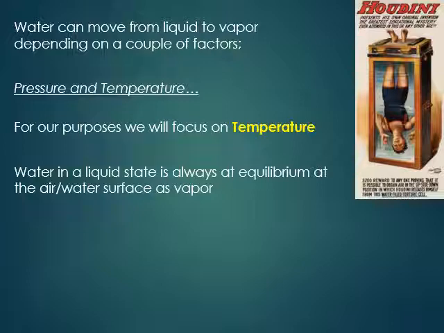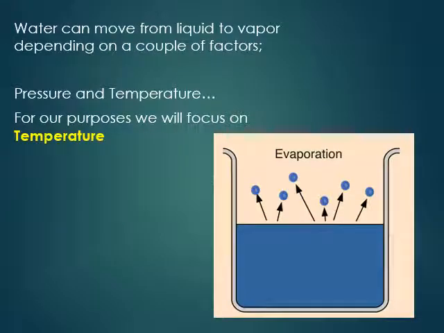Now, pressure is not really that important unless you're boiling water at the top of a mountain or at the bottom of the ocean. But for our purposes with crop growing, we'll focus on the temperature side of things because that has the biggest impact on water vapor and its state. So if you're looking at a pot that's warming up, you'll see that water starts to come off the surface as vapor, steam.